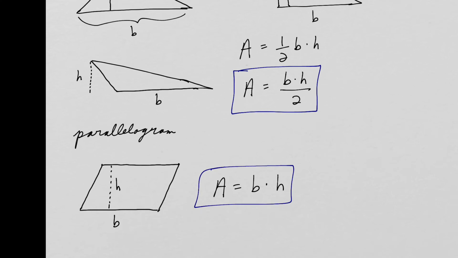And then a trapezoid looks like this. Two sides are parallel, like this side and this side. The other sides just connect them.